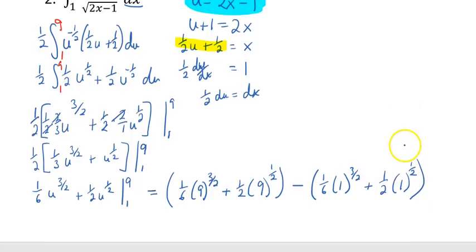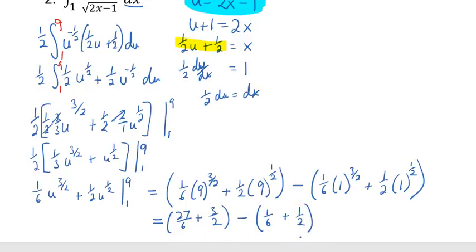Okay, so now let's do the math. 9 to the 3 halves would be the square root of 9 cubed. So the square root of 9 is 3, 3 cubed is 27. So I have 27 over 6 plus square root of 9 is 3. 3 times 1 half is 3 halves. And then over here, 1 to any power is 1, so I have 1/6 plus 1 half.